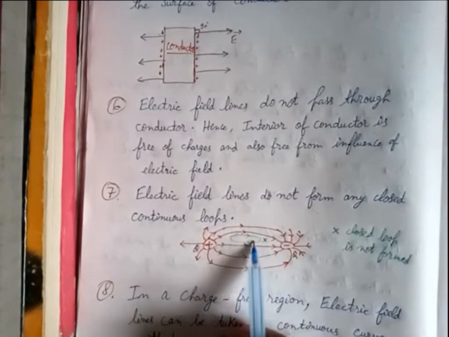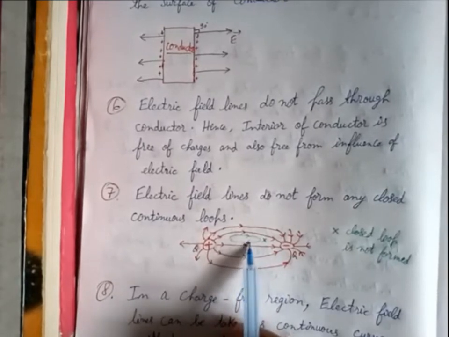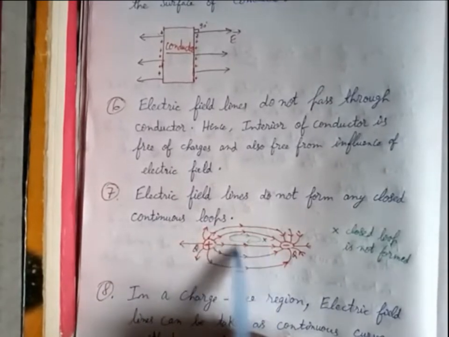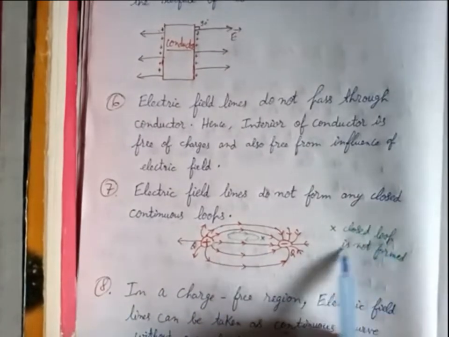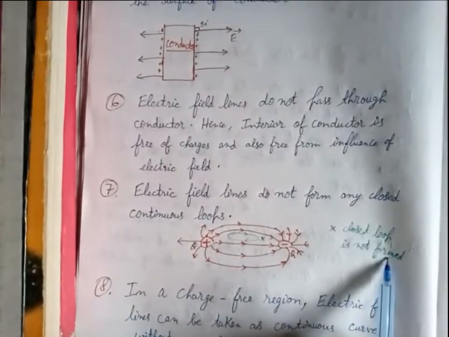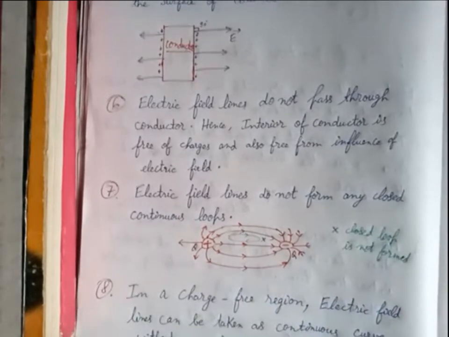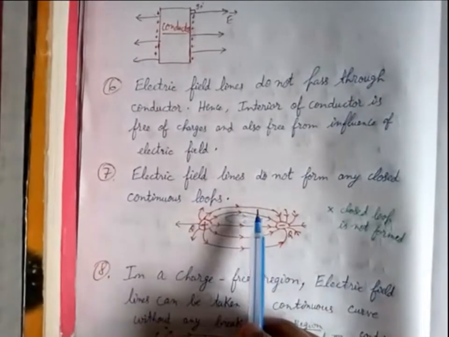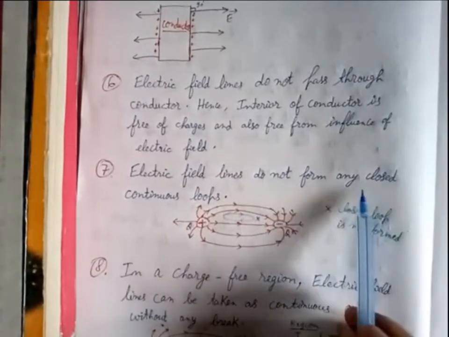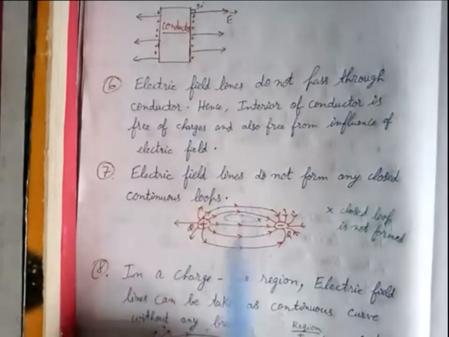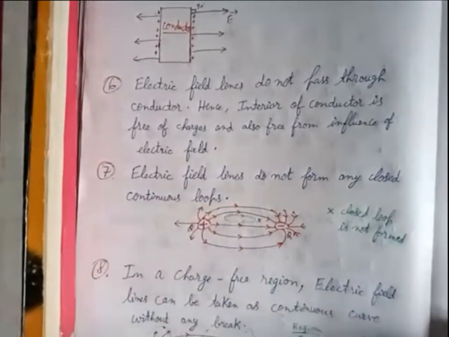There is no closed loop formed in between the field lines. So this seventh point is saying that no closed loop is formed by the electric field lines.